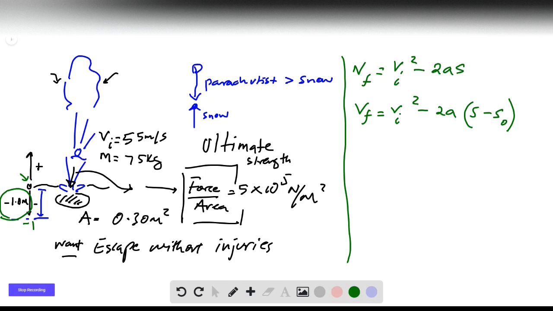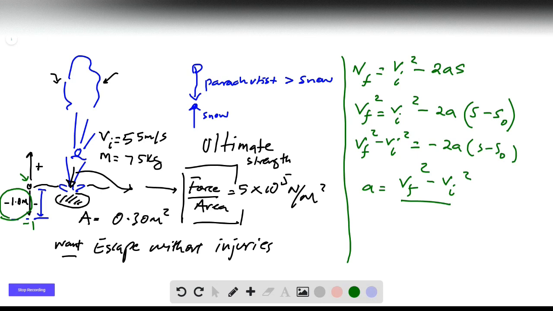So V final squared, don't forget the square, minus V initial squared equals negative 2a (s minus s naught). Then a has to be V final squared minus V initial squared, all over negative 2 (s minus s naught).